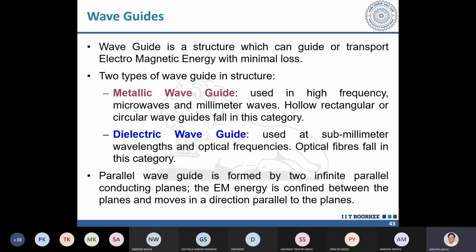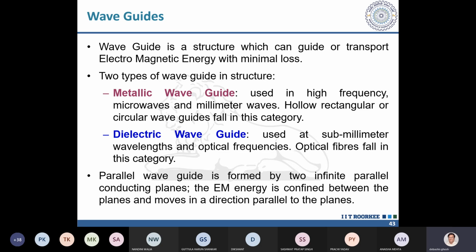A parallel plate waveguide is basically formed by two infinite parallel conducting planes. Infinite, I am saying, means we are considering infinitely extended conducting planes. Whenever you have some abrupt ending of the waveguide, some reflection takes place.